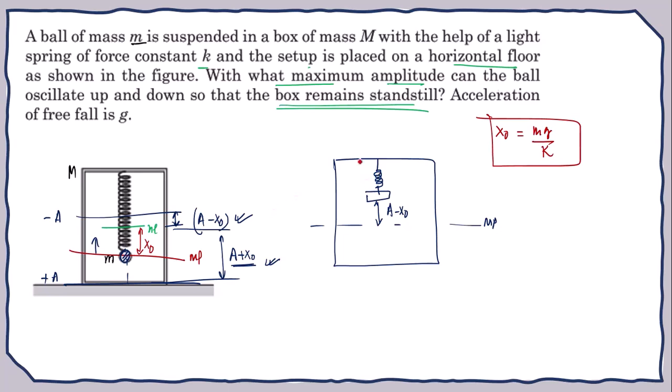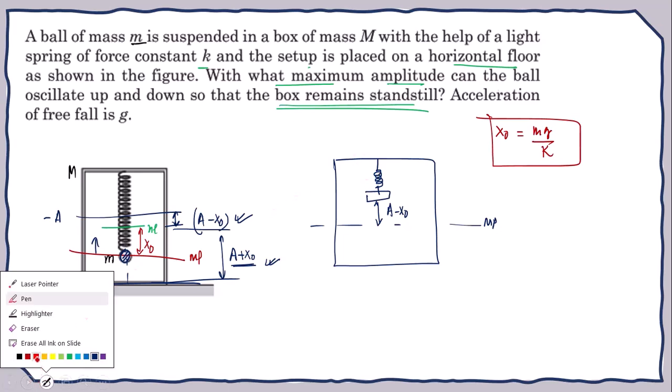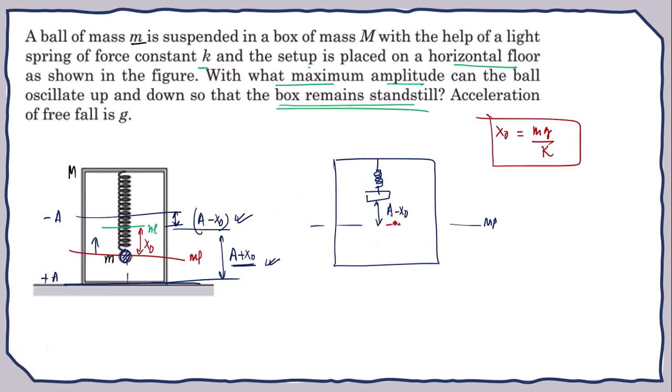Okay. So at this position, what is happening? The spring is being compressed by this much length. So at the point where the spring is touching the box capital M, it is being pulled by a force of k times a minus x naught. Now if this force exactly matches the capital Mg force, then only can I say the box will remain standstill.